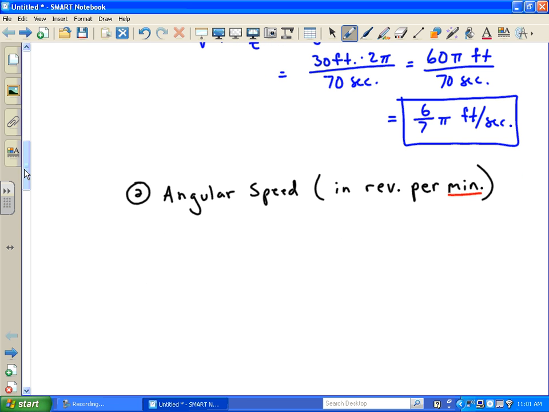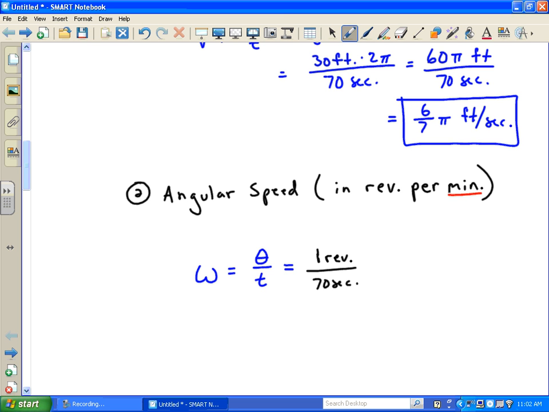So on here we'll have omega equals, and then we have theta divided by time. On this particular one, we're going to go ahead and convert theta to revolutions because they gave that to us already. And so we would have in here that this is actually just one revolution per 70 seconds.